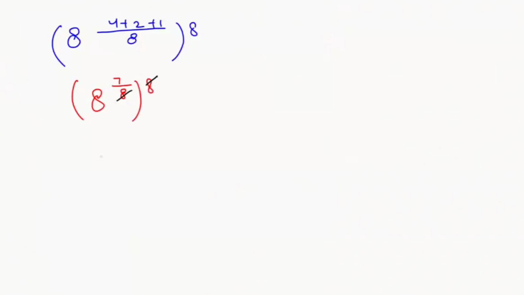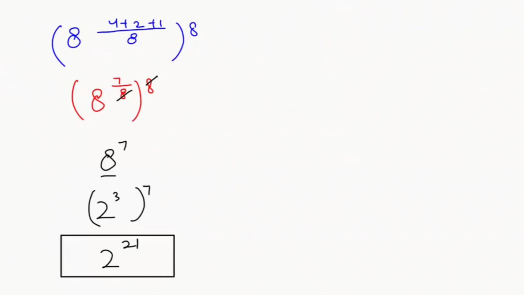So here we get 8^7. And I can write this 8 as (2^3)^7. Now the powers are going to be multiplied, so it will be equal to 2^21. So this is our final answer.